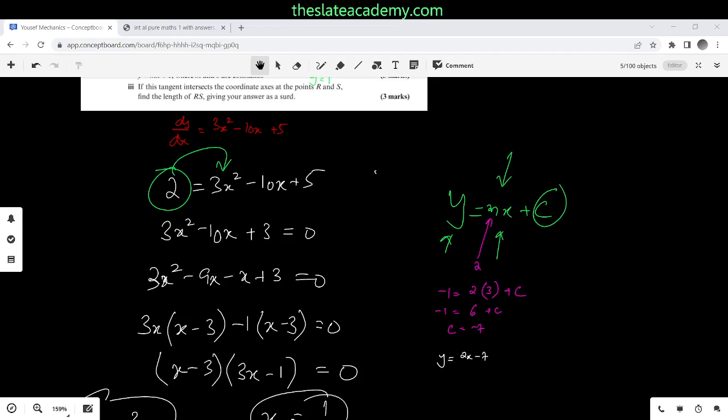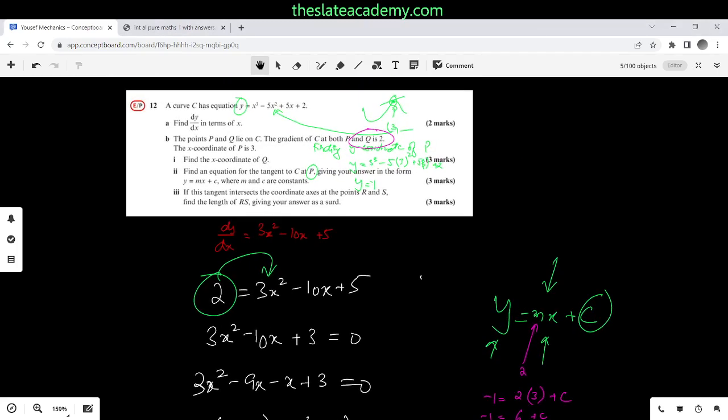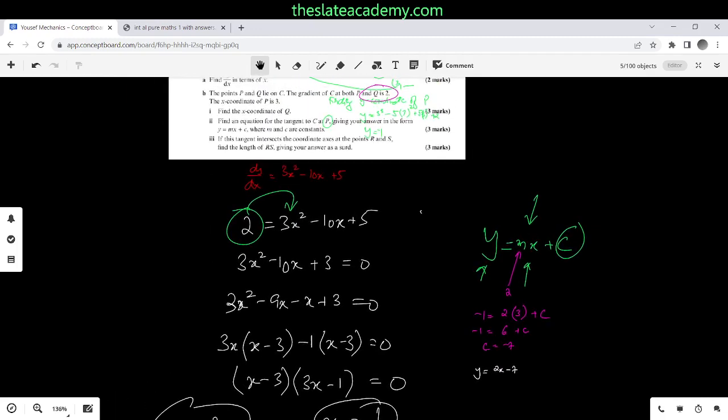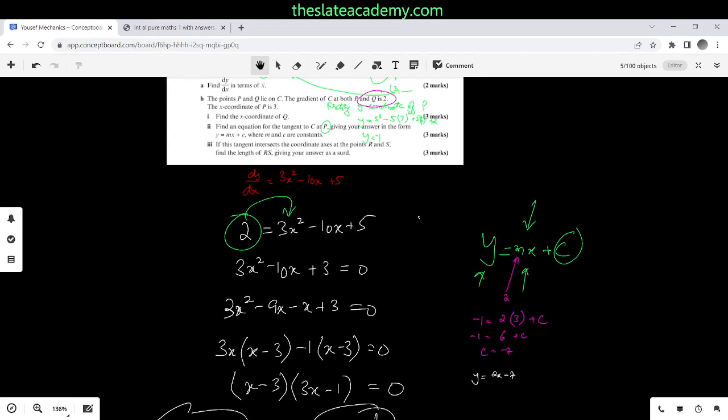But does it ask for both or only one? For just P. Okay. I thought it was asking for Q as well, which kind of confused me. But the equation of the tangent at P will be y is equal to 2x minus 7.